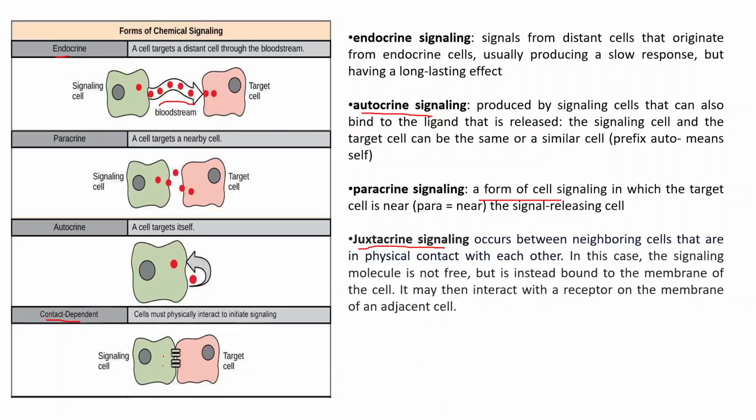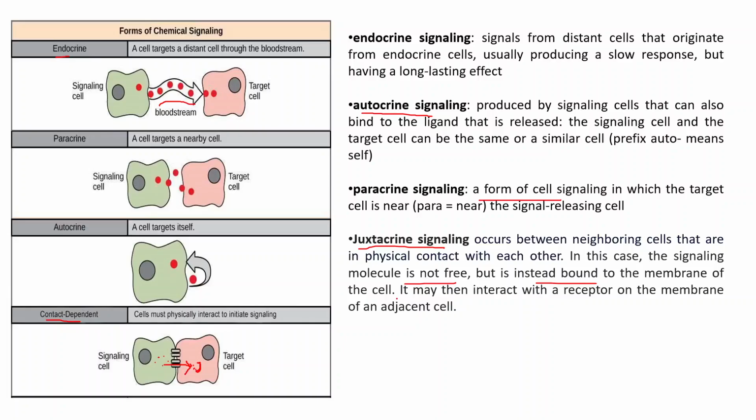Suppose this is the signal molecule present in one cell. This signal molecule will go via this channel to the target cell, where the receptor will be present and it will sense or bind with the ligand molecule. In this case the signal molecule is not free, but is instead bound to the membrane of the cell.